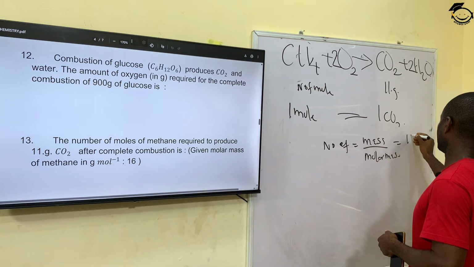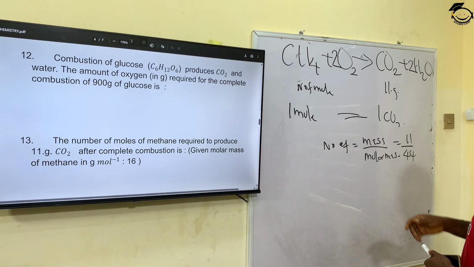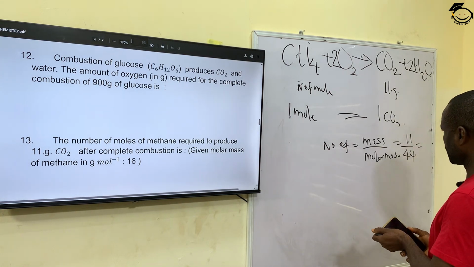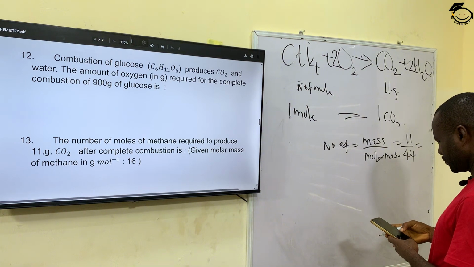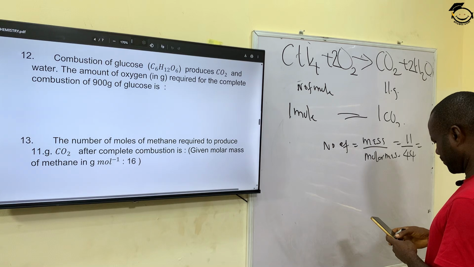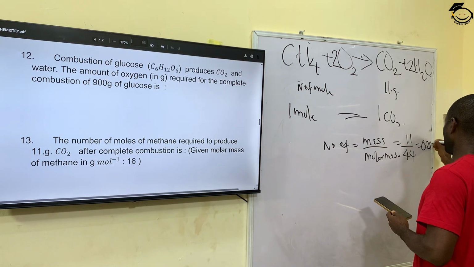So we have 11 over 44. 44 is the relative molecular mass of CO2. 11 divided by 44 is 0.25. 0.25 mole.